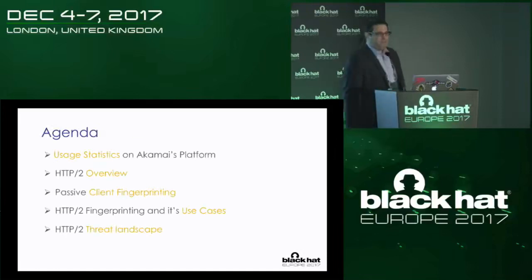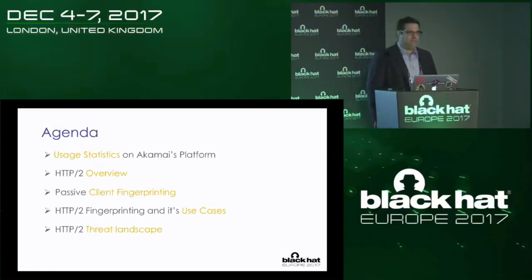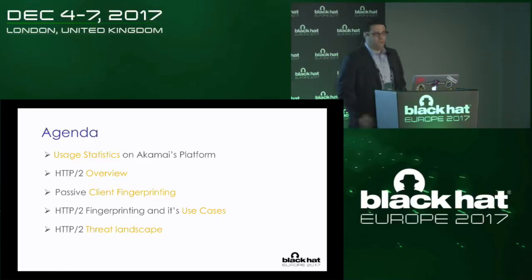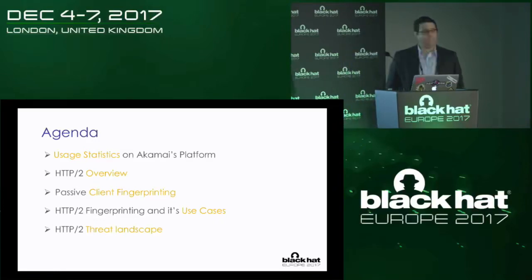So this is the agenda for today's presentation. I'm going to walk you through some of it. We're going to look at the research data and how we gathered it for this HTTP2 research. Then I'm going to do a quick overview of the HTTP2 protocol, by the end of which I hope all of you would be quite familiar with the key elements of the protocol, especially the ones we've used for the fingerprinting, and the key differences between the second version of the protocol and the prior versions.